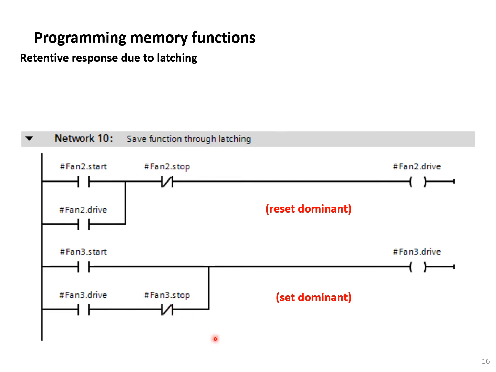So in this form, if we press the start and stop button at the same time, the fan 3 will keep working. So we say that the set is dominant or start is dominant. So latching is a form of retentive information. It's similar to setting and resetting.